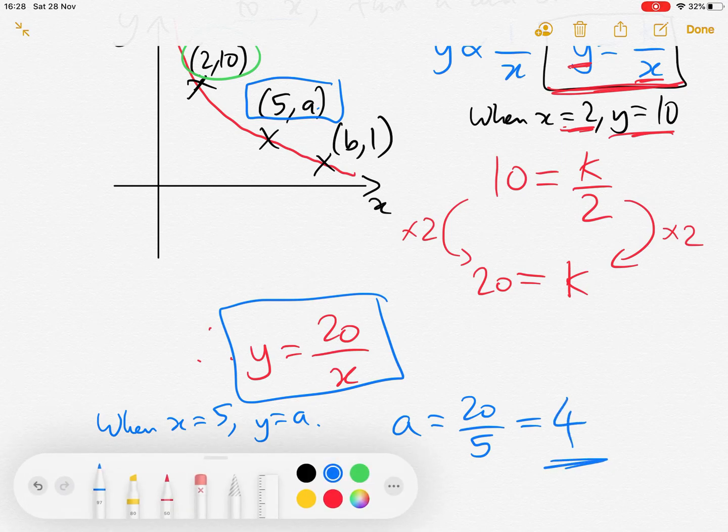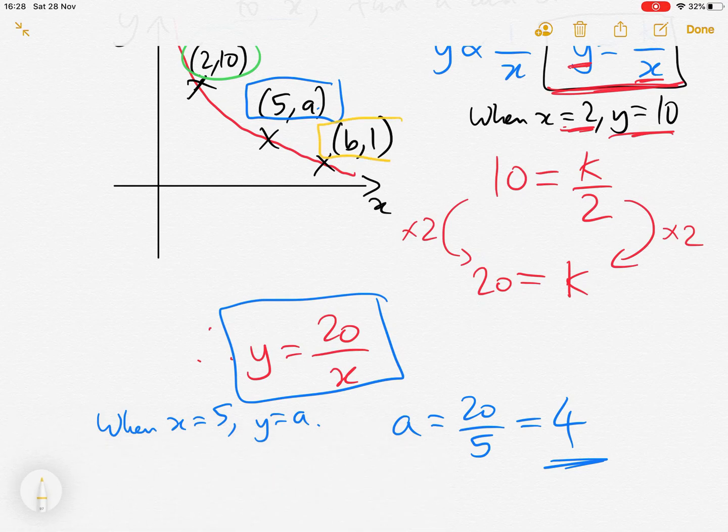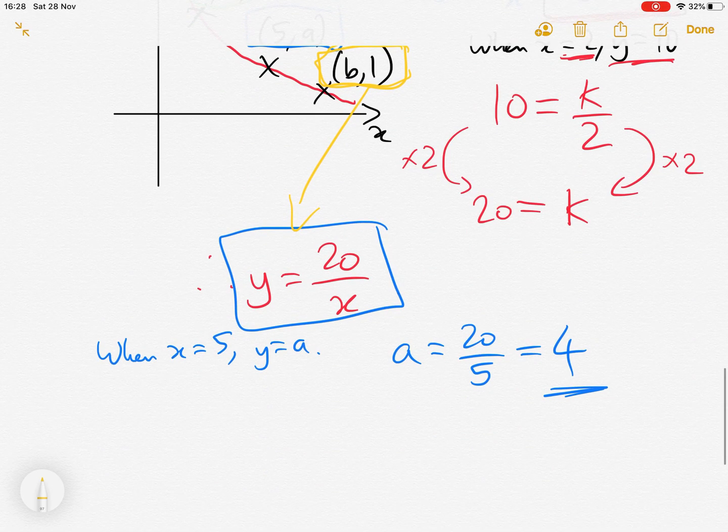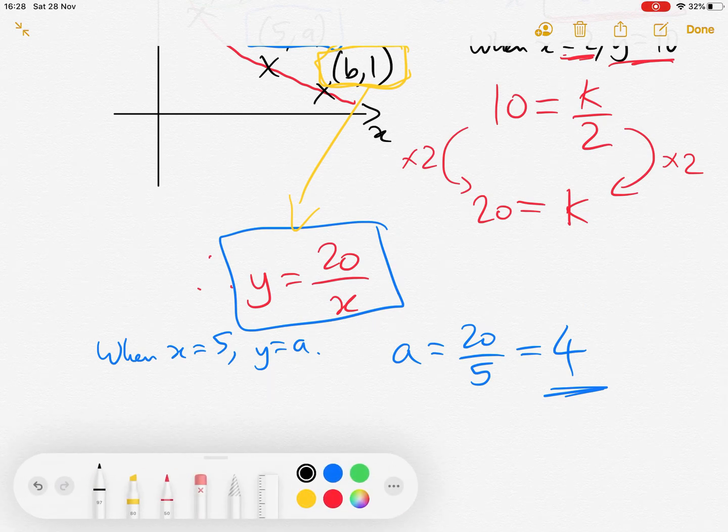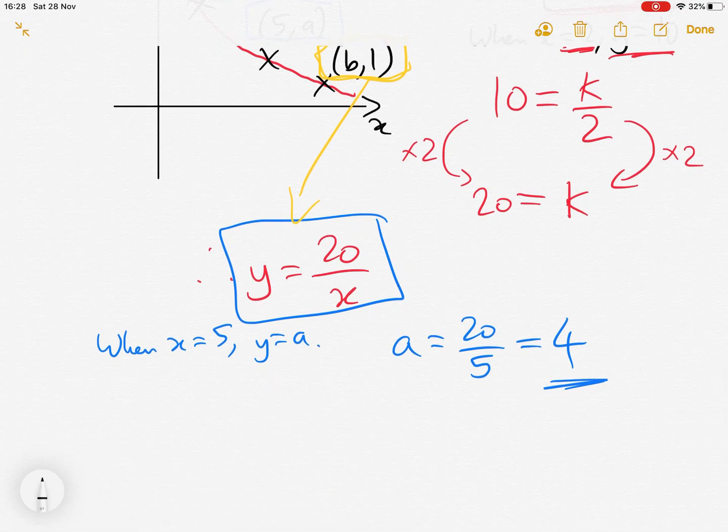And then to find b, we're going to use this point b, comma 1, that's in the yellow box here, and we'll put that into the formula again. So when x is b, y is 1.